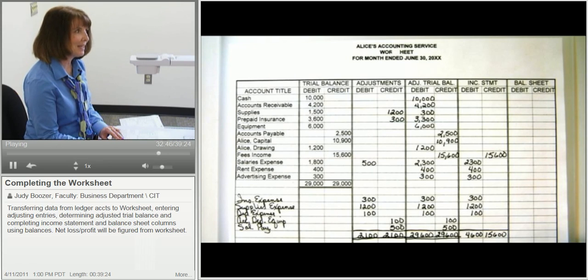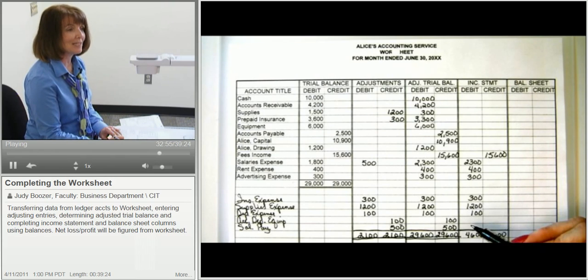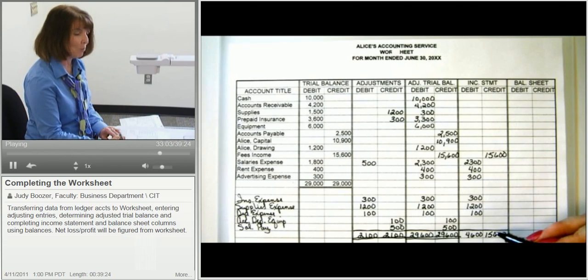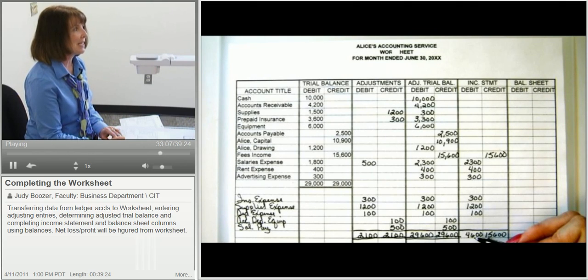What's that mean? It simply means this. Your revenue was not the same as your expenses. Is that a good thing? It is if your revenue is more than your expenses. And is your revenue more than your expenses? Yes. So this is the next step.